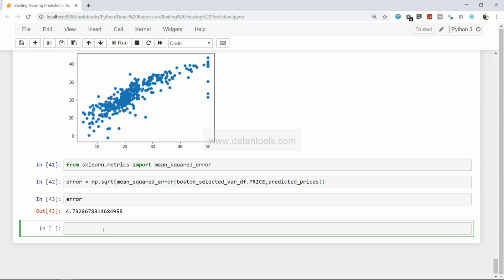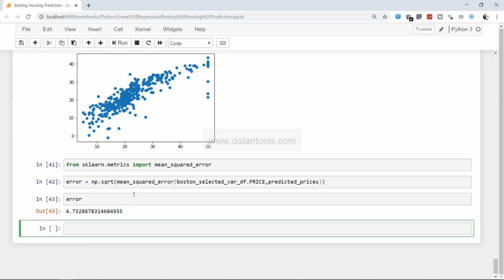Now we can employ other methods. For example, right now we have taken this on the entire data set. We can always do a train test split and check whether this is further improving or decreasing, because right now we are training on the entire data and testing also on the entire data.